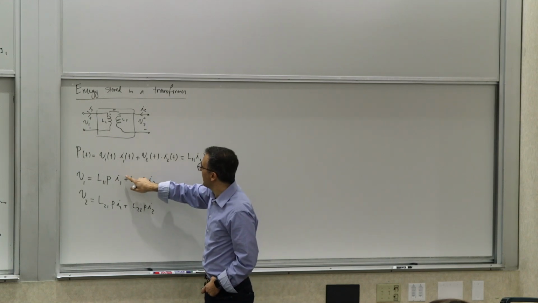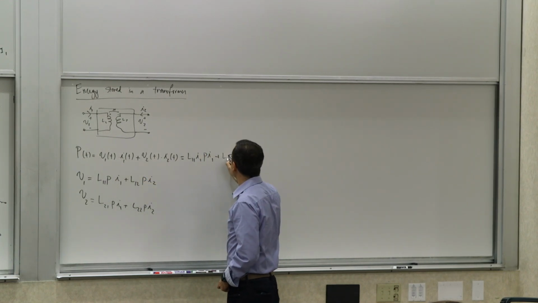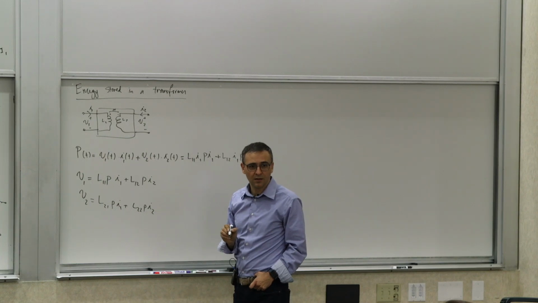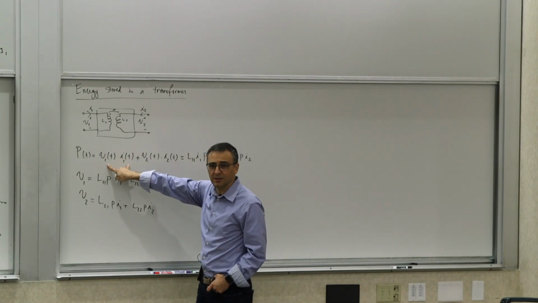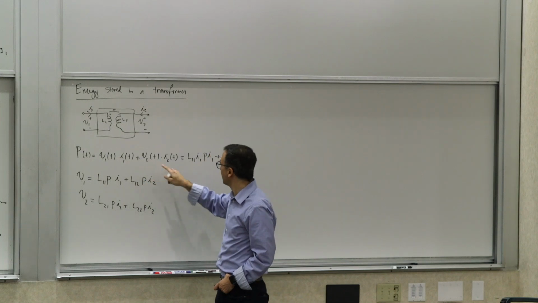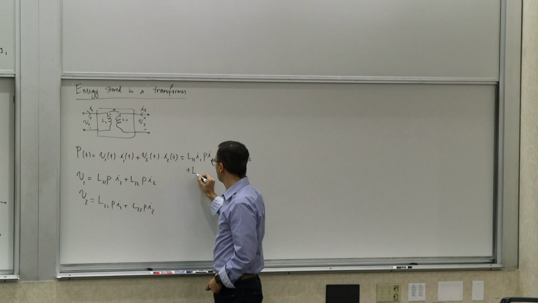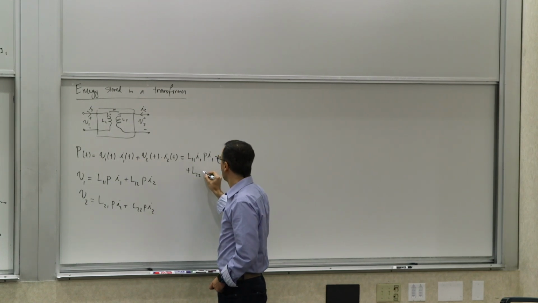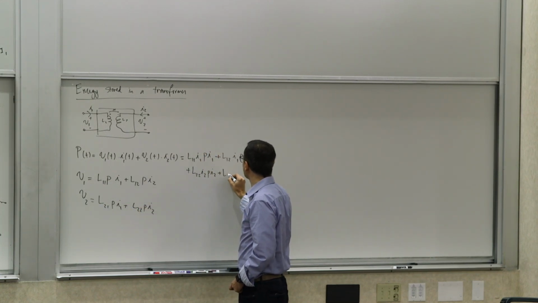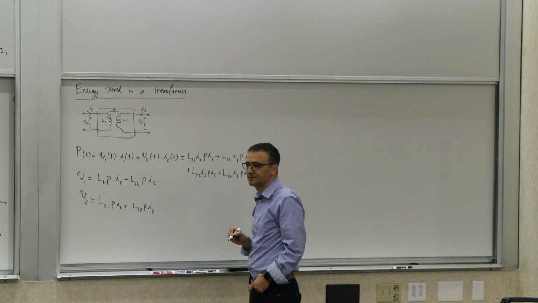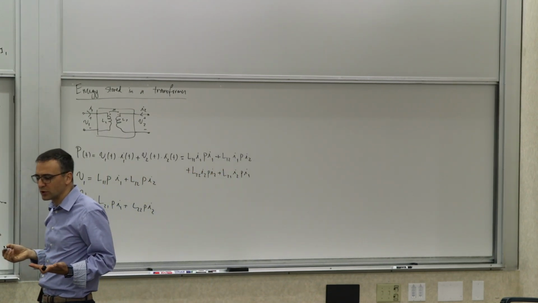Plus then you get L12 i1 p i2 from this first term. And from the second term, we plug this one in, so we get plus L22 i2 p i2 plus this term, which is L21 i2 p i1. Right, so it would produce four terms.